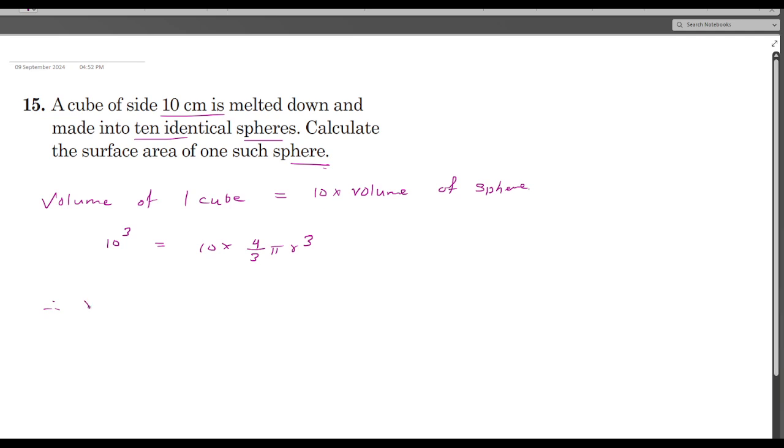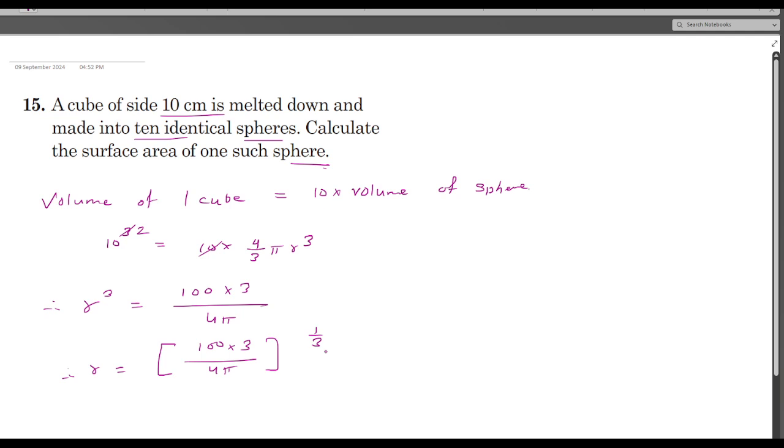Here this 10 and this cube will cancel, and you have a square here. So r cube is 100 times 3 divided by 4 pi, and therefore r is equal to 300 divided by 4 pi, the whole power 1 by 3.